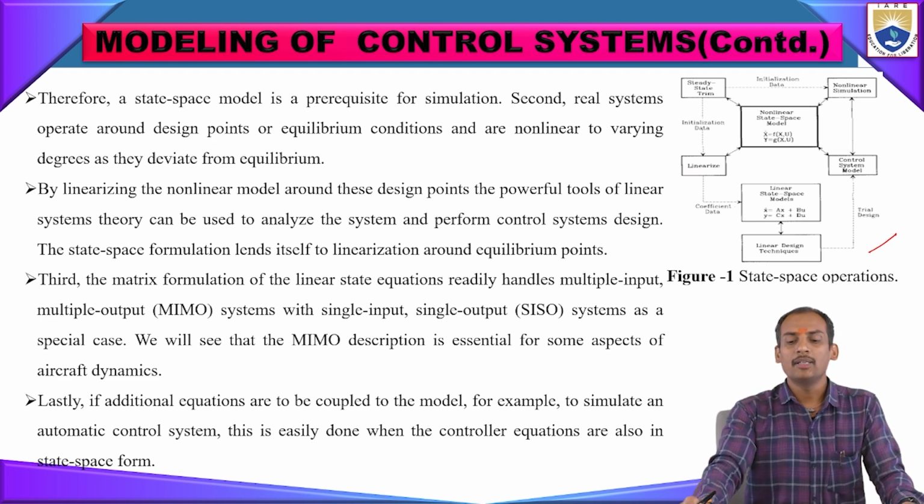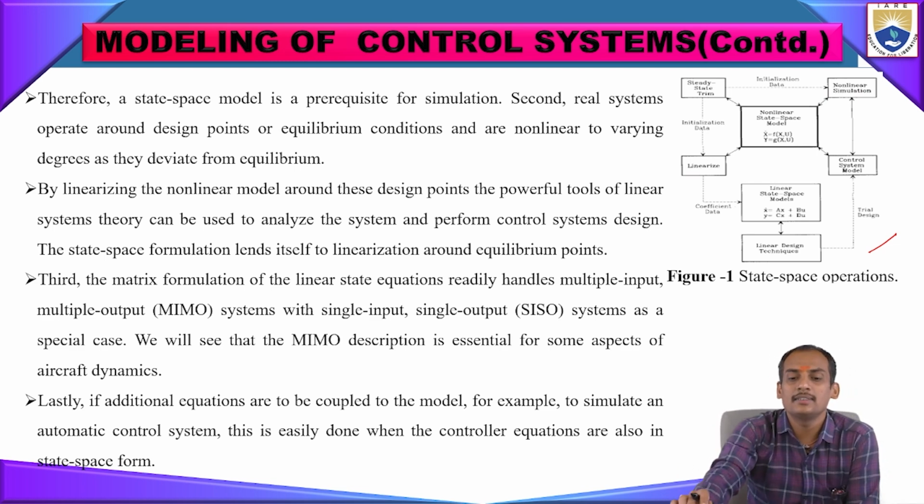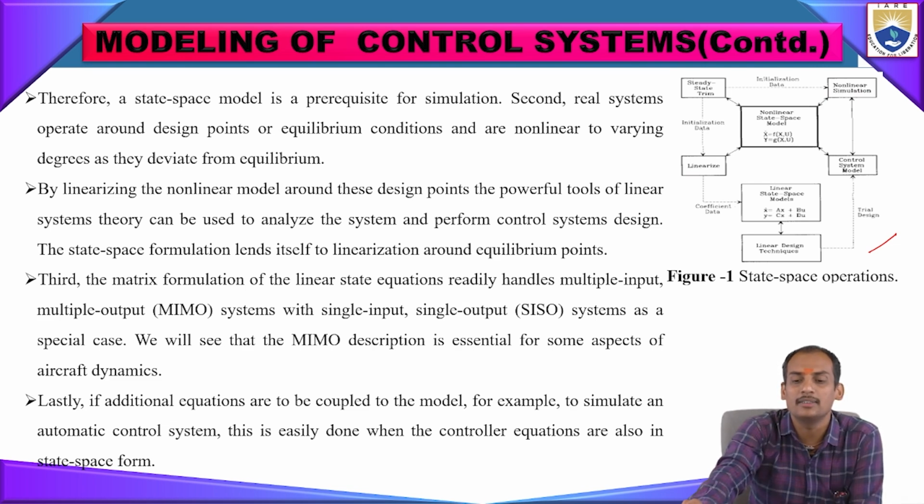For the two functions x dot and y, the integrated system consists of the state space system, nonlinear simulation system, linearization system, and control system design model, all connected together. Once the integrated system is operated with inputs from all these systems, the output will be a linear state space model.